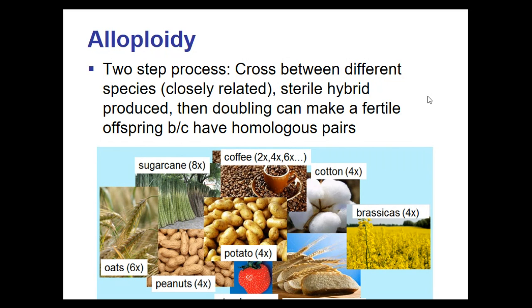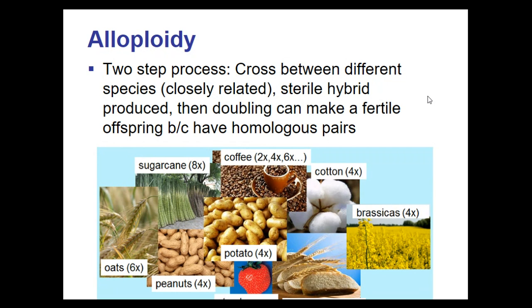But if you took this hybrid offspring that now has 5 chromosomes, and it were doubled because of non-disjunction when this organism is making sperm or egg, it would make a sperm that has all 5 chromosomes in it, and another one of these animals would make an egg that has all 5 chromosomes in it, and they would fertilize each other.